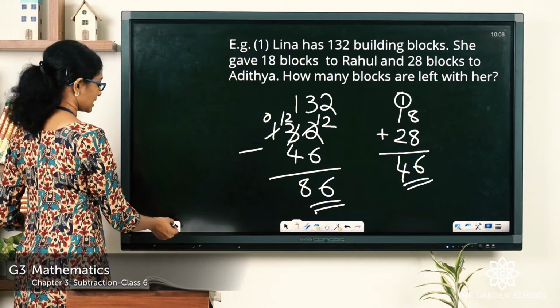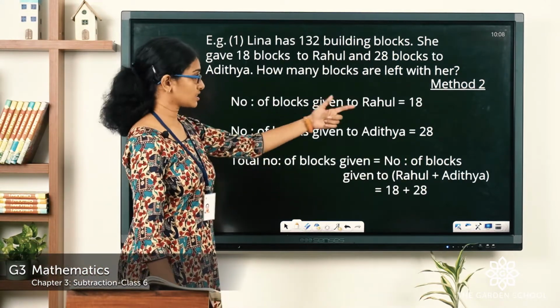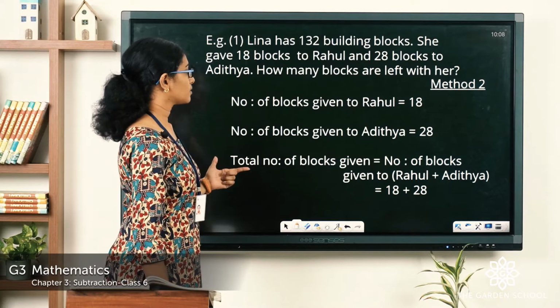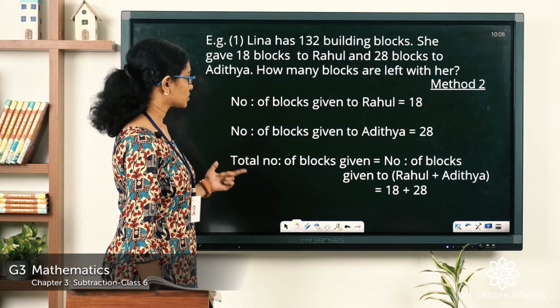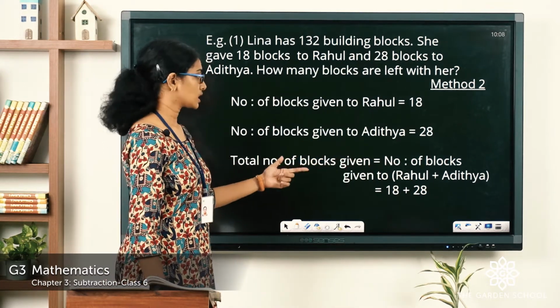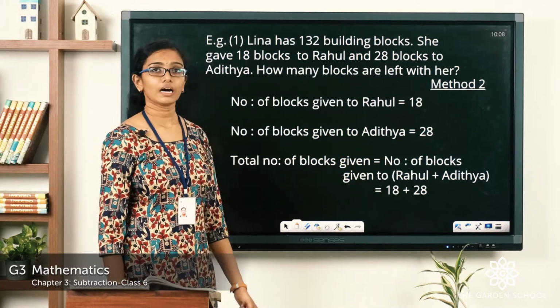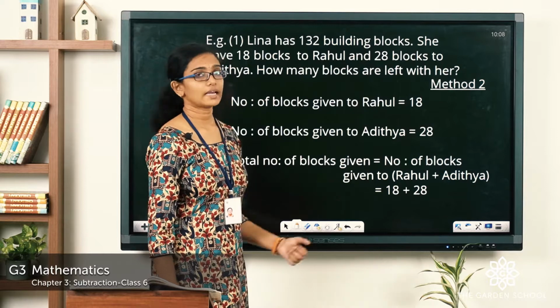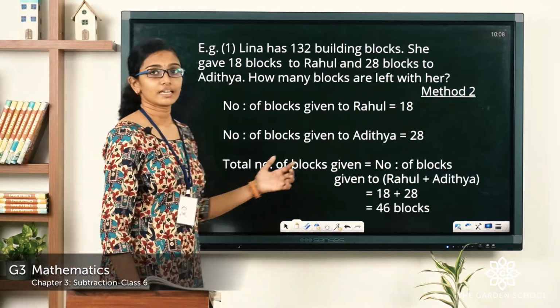Let's see the steps with the second method. The number of blocks given to Rahul is equal to 18. The number of blocks given to Aditya is equal to 28. Now the total number of blocks given is equal to the number of blocks given to Rahul plus the number of blocks given to Aditya, which is equal to 18 plus 28. So what is the answer there?